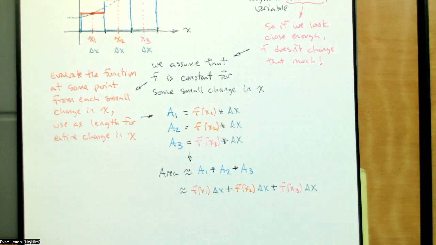We take this continuously changing length and model it with a discretely changing length by making it constant on small intervals. Then calculus enters the chat. We improve our approximation by using more intervals, a smaller delta x, using more rectangles.